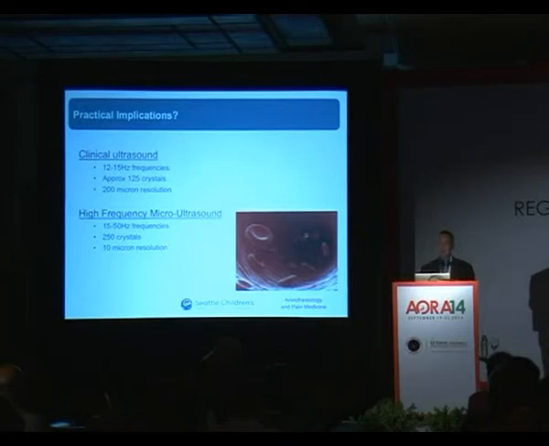The probes contain far more crystals, of the order of 250, which is a real engineering feat on the part of the engineers who produce these probes. And the resolution is all the way down to 10 microns. Now, remember, a red blood cell has a diameter of approximately 8 microns. So these machines can actually ultrasound individual red blood cells.